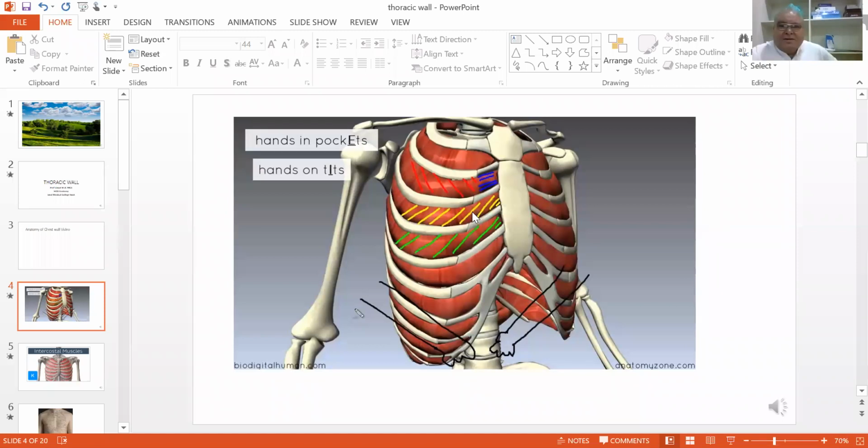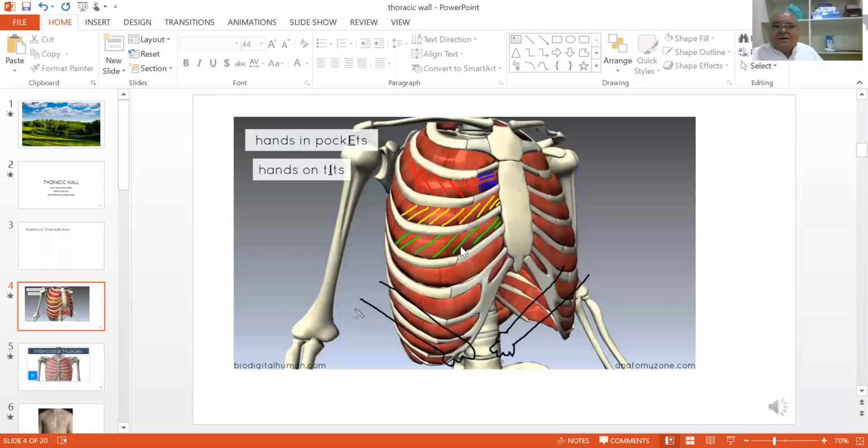The second one is the inner. So they're arising from this groove, and the direction is opposite to the external one. This is coming downward and backward. So you can see this direction and you can see this direction, right? They are coming from the groove and they're also inserted to the smooth outer border of the rib below, right?